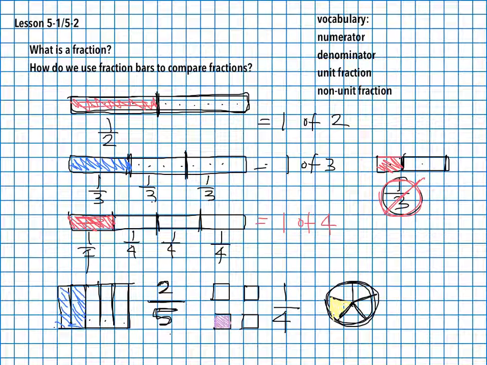The first thing we have to do is figure out how many pieces. 1, 2, 3, 4, 5. So our denominator, or bottom number, is 5. And then our numerator, or top number, would be the number that are colored in yellow, which would just be 1. So 1 out of 5 are yellow.